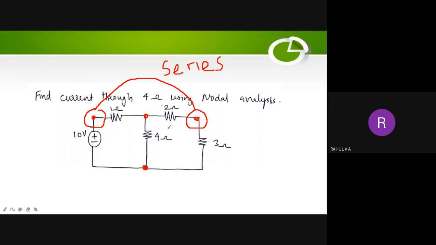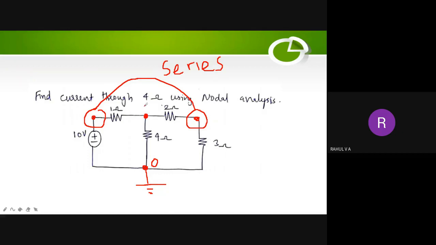Then there are two more nodes. One of them you assign as the reference node, that is 0 voltage. Normally the node which is connected to the negative terminal of the supply is considered the reference node, or 0 voltage node.